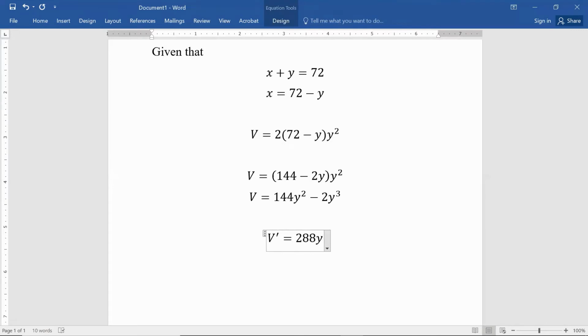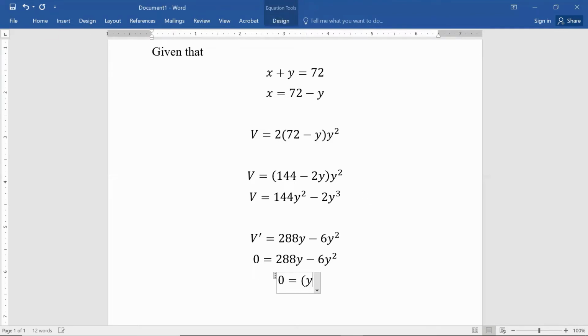That would be 288 times y minus 6y squared, and then setting that derivative equal to 0. If I take 288y minus 6y squared, set equal to 0, then I can factor the right-hand side.